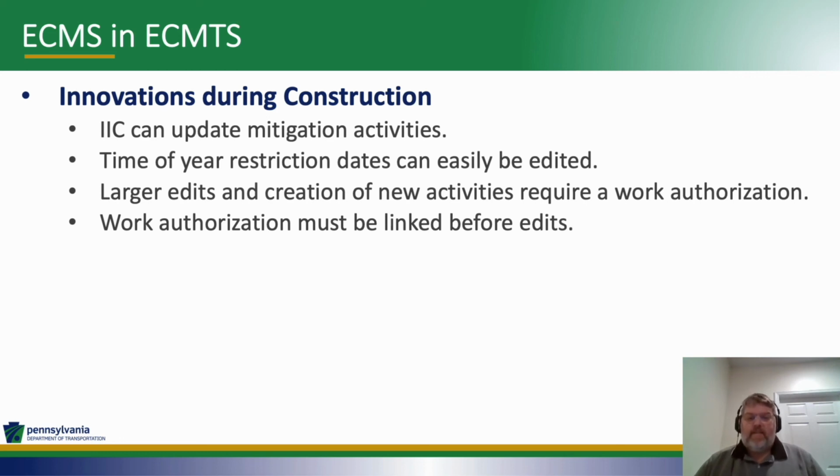In that case, a work authorization can be created, and once that is done, the IIC can create a new mitigation activity, almost invariably with the assistance of the district environmental unit, and that work authorization needs to be entered into the new mitigation activity.